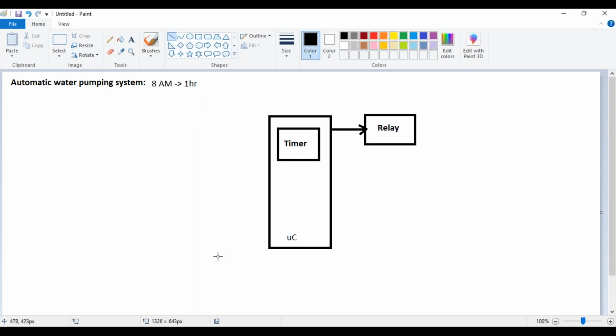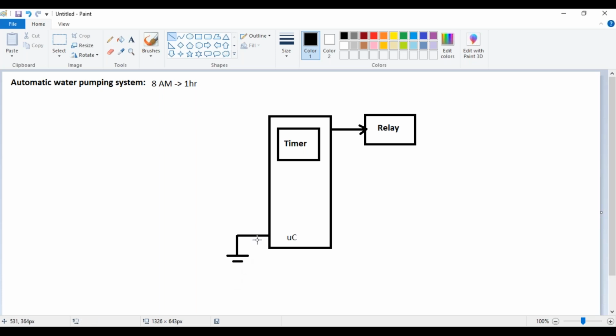Obviously, no. So as an intermediate measure, if the power supply is available, the automatic water pumping system works with the power supply. If not, I'm going to provide a separate battery backup for it. So I'm having a battery connected.